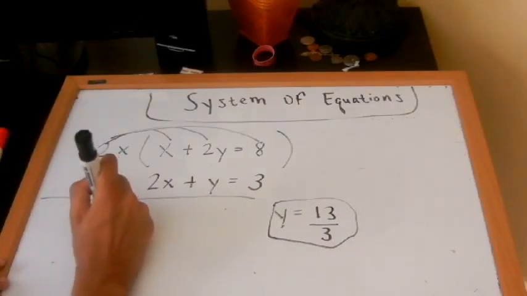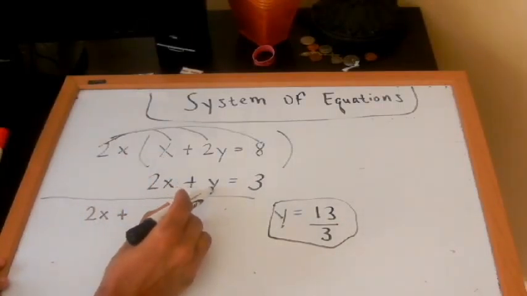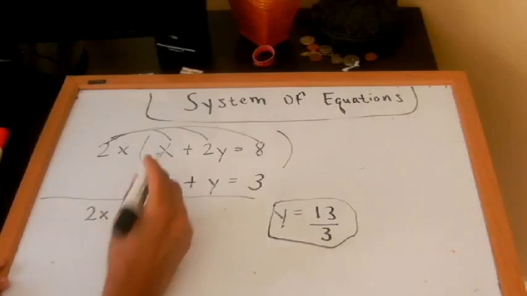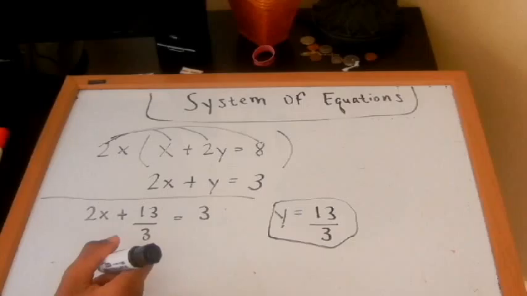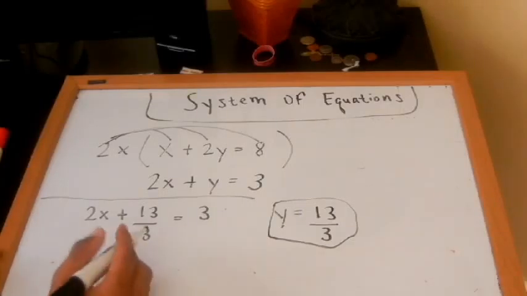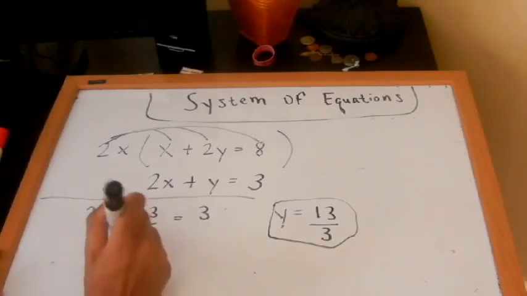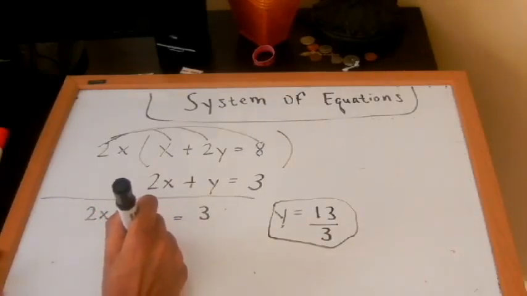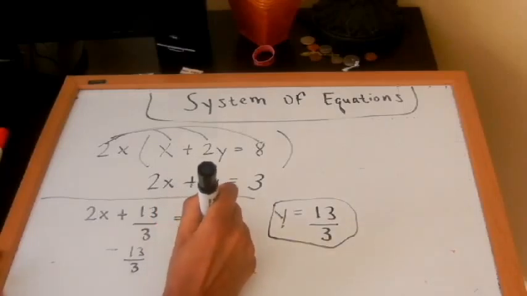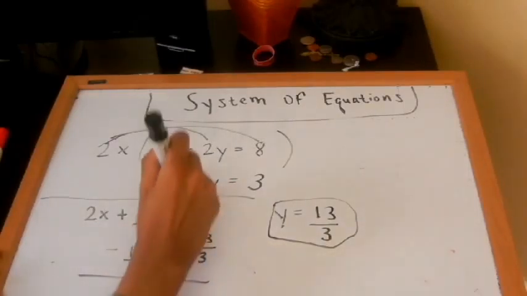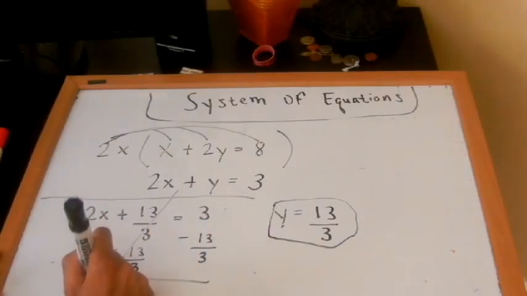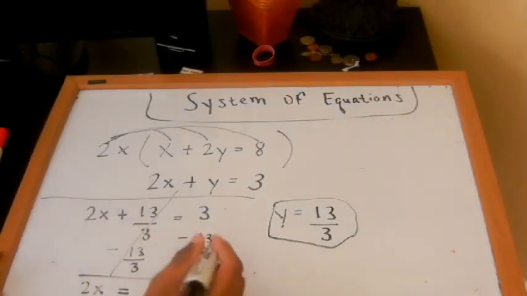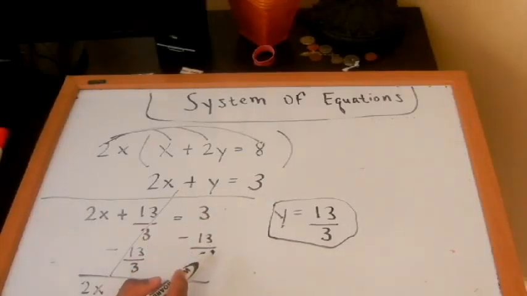So we have 2x plus 13 thirds, remember, because y is equal to 13 thirds, equals 3. Now, I want to subtract 13 thirds from both sides to get 2x by itself. This goes to 0. And then I bring down my 2x, equals 3 minus 13 thirds.